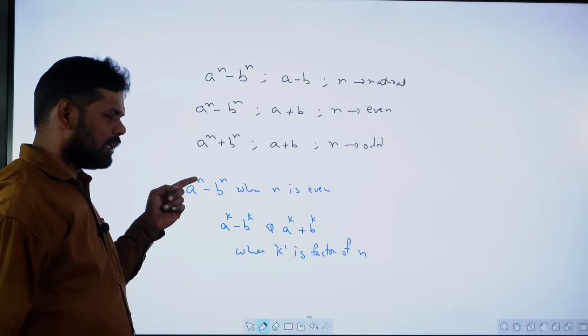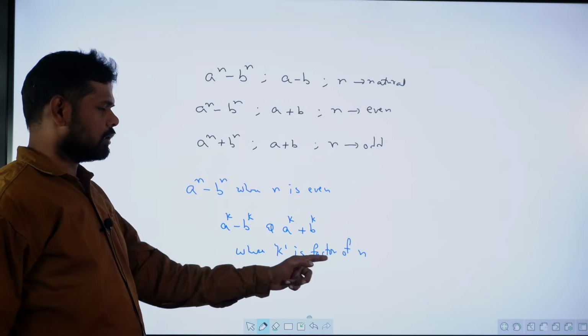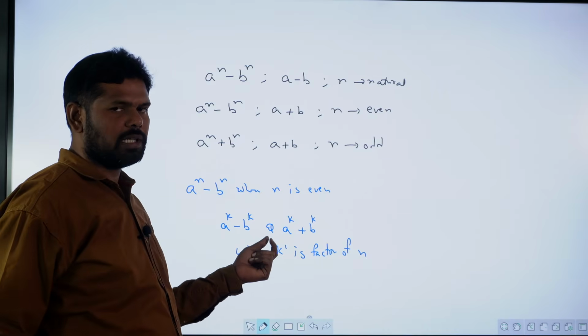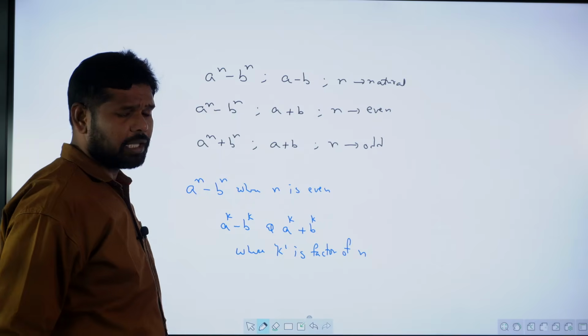If n is 16, then k can be 8, 4, 2, whatever it is, those are all correct. A power 8 minus b power 8, a power 2 minus b power 2, a minus b, a plus b, those are all satisfied in these cases. These were all discussed at the time of divisibility rules.